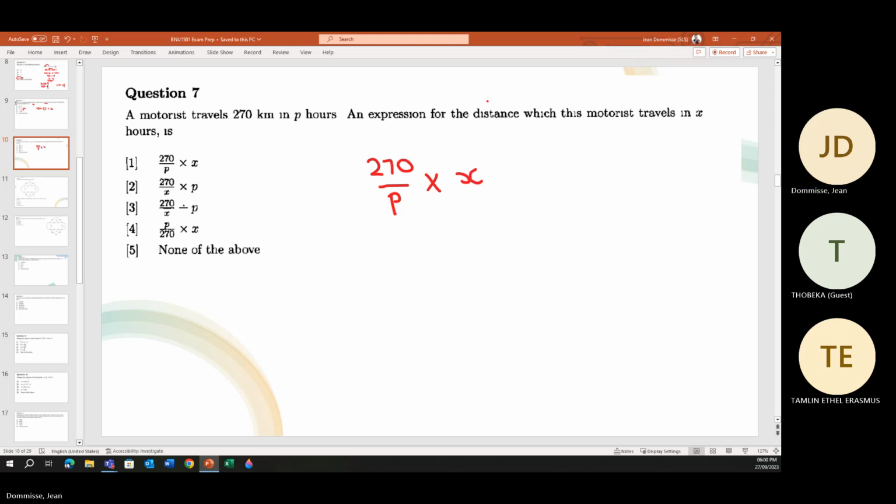So this will be the formula that we will look at. So if he traveled 270 kilometers in 3 hours, then if he then travels 5 hours, we will multiply it by 5. So that is why this formula works very nicely.